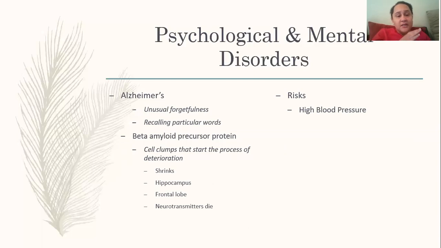I mentioned in a Zoom call last week the beta amyloid precursor protein. We know that this is related to why some folks experience Alzheimer's, and we see this process start to happen. What you see is clumps of deterioration. If you were to see a picture of their brain, you'd see clumps where it was literally missing, and you see that their brain shrinks in size.